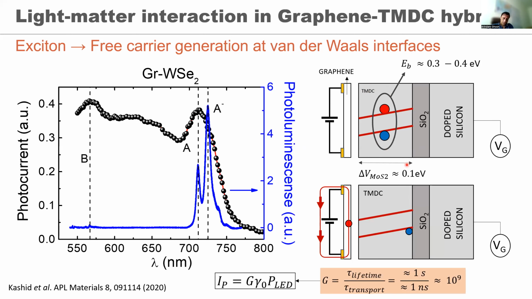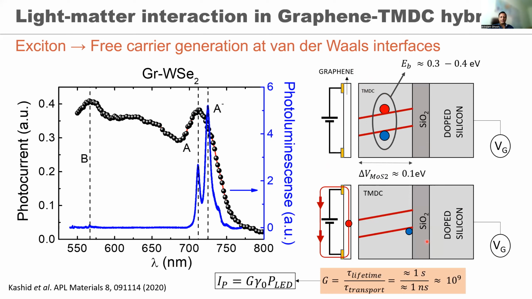Something which is going to come in soon, because we would like to extend the spectral range of operation of such devices. You can see this is the basic idea: when I create the electron-hole pair, the electron jumps into graphene and it keeps on going many times.